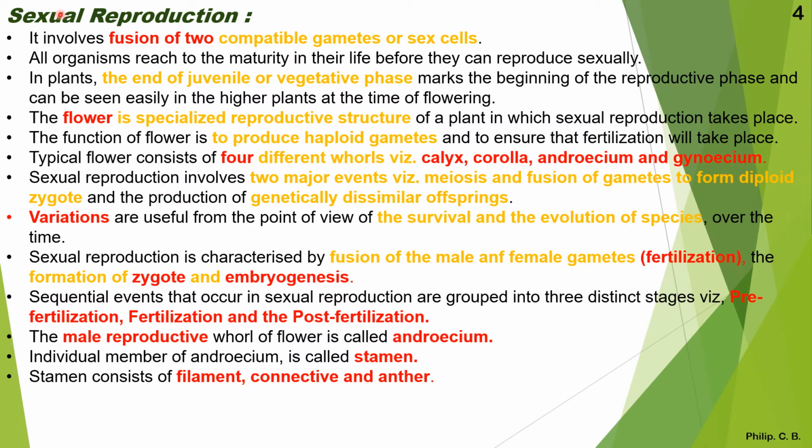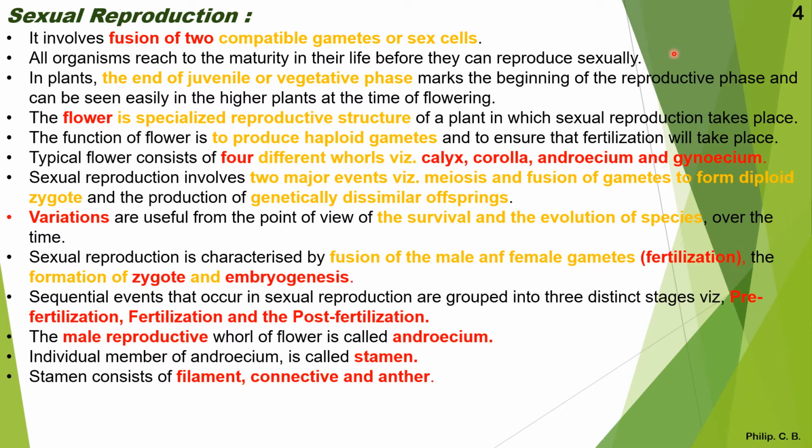Now in detail about sexual reproduction. It involves fusion of two compatible gametes or sex cells, that is the male and the female gamete, which because of the fusion forms the fertilization and thereby the formation of zygote and the embryo. Further, all organisms reach maturity in their life before they can reproduce sexually.